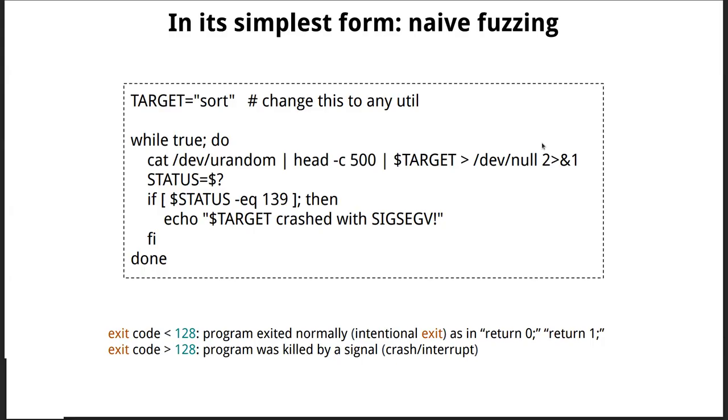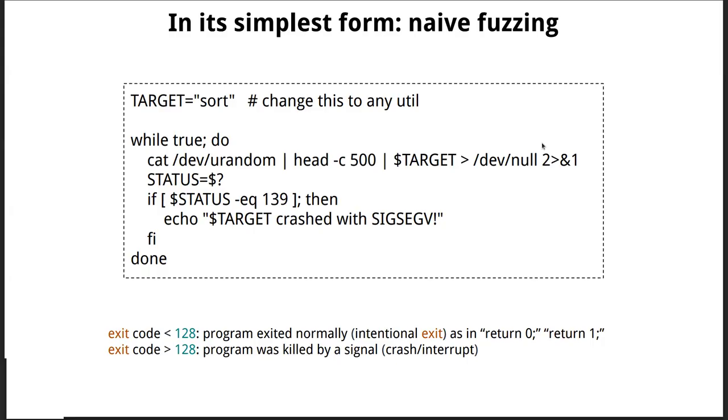That's because in Linux, when your program returns, you're supposed to return 0, 1, those small positive numbers, if the program returns or exits normally.